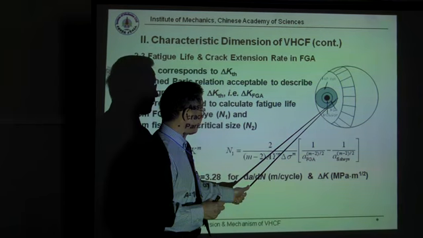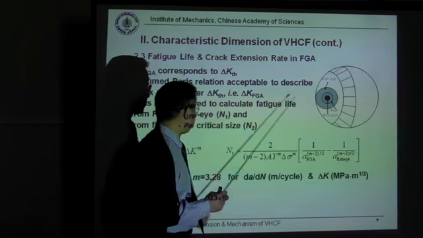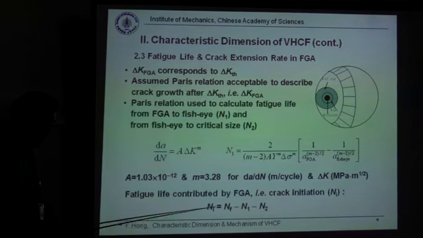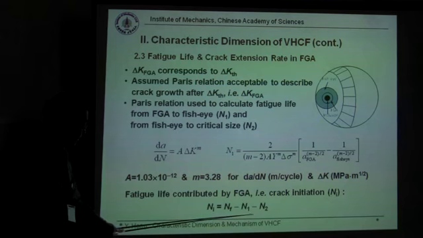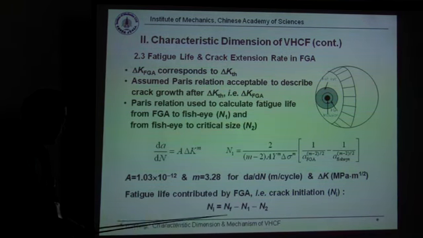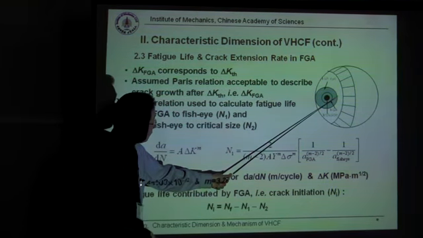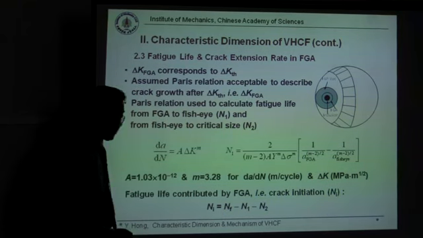And the third part is from the boundary of fisheye to the final point or critical size of the material. So it means that the initiation life may be obtained by this simple formula of total fatigue life minus N sub 1 and N sub 2. N sub 1 is the life from the boundary of FGA to the boundary of fisheye, and N sub 2 is from this to the final fracture.